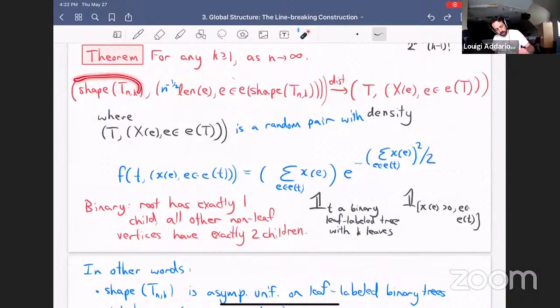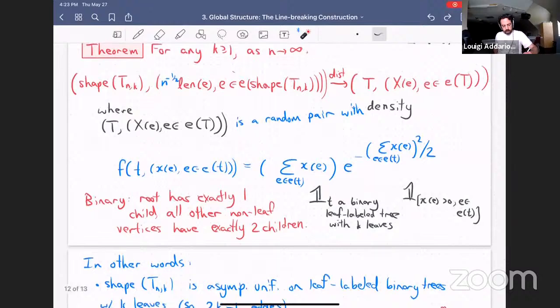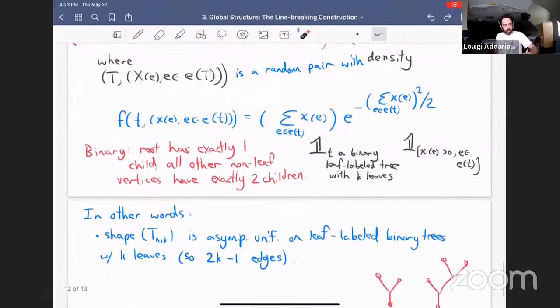We're saying that this shape converges in distribution to a random shape, but if we only look at the marginal on the random shape, the density on the right is just a constant. It only insists that the shape is a binary leaf-labeled tree. That's all it insists on. Okay. So that's the first point.